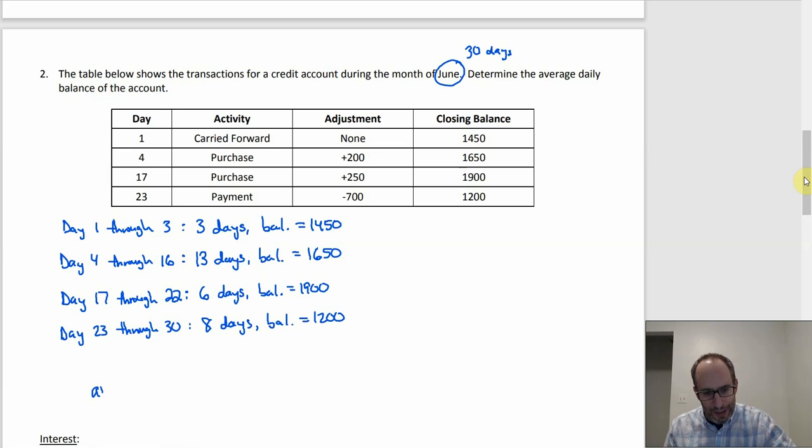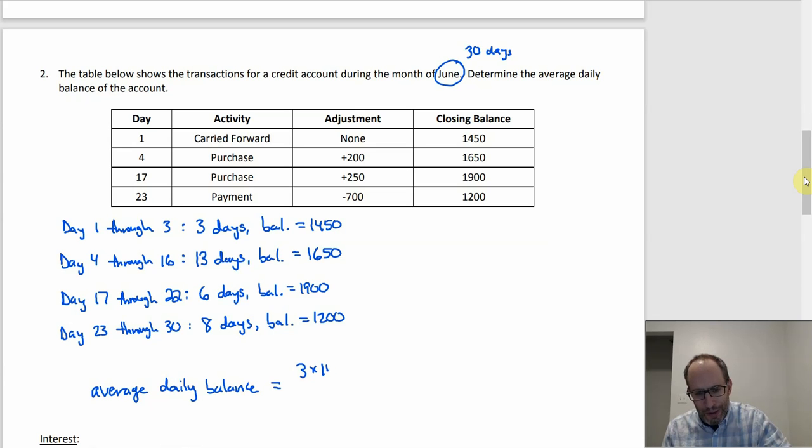And then the average daily balance. All right, so we had 3 days where it was $14.50, so 3 times $14.50. Then 13 days where it was $16.50, so plus 13 times $16.50.